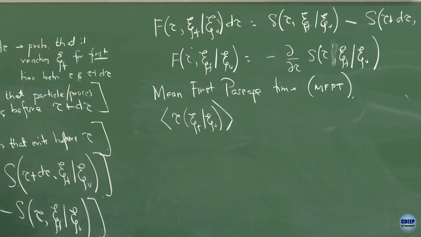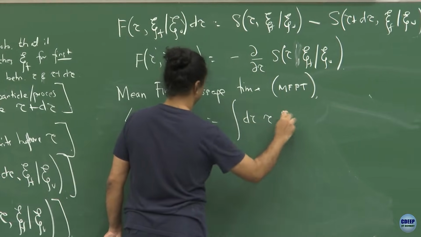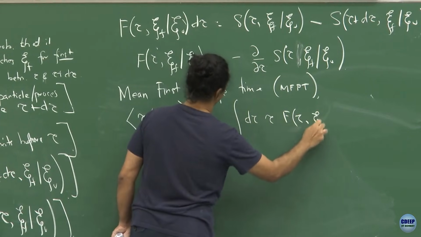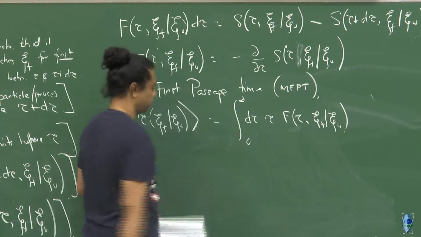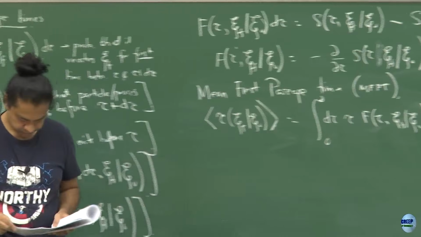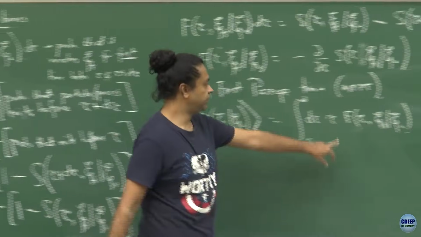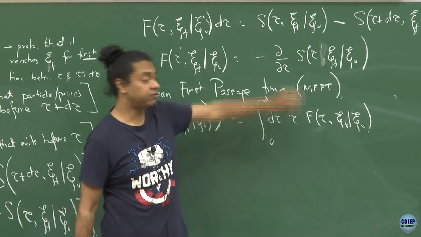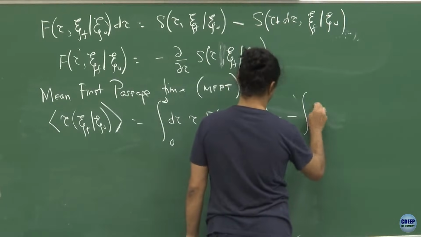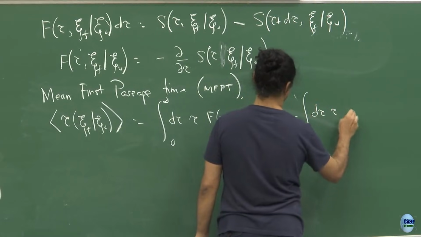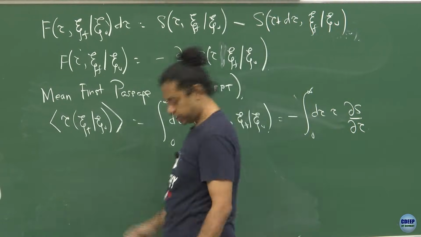Okay, and that is again just the integral d tau, tau f(tau; xi_f, xi_0), from 0 to infinity. Now, this first passage density is the negative derivative of the survival. So this is minus the integral d tau tau del s del tau, right.